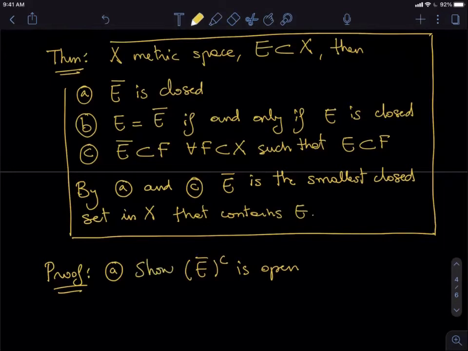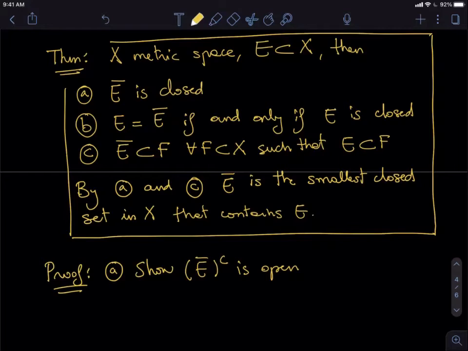We need to do this every time: play with the statements. Maybe there is some property, like in this case, that if you take the complement, you can work with open sets, and maybe that's more convenient for you. In this case, it's going to be more convenient.